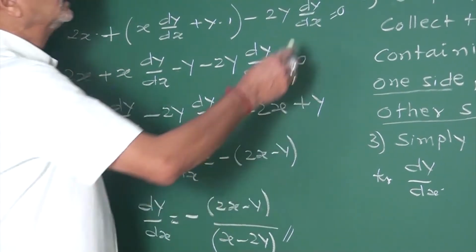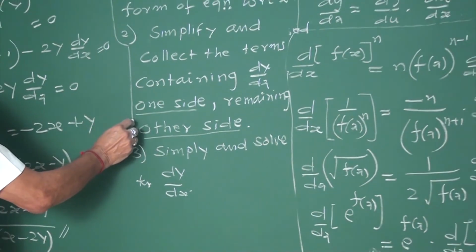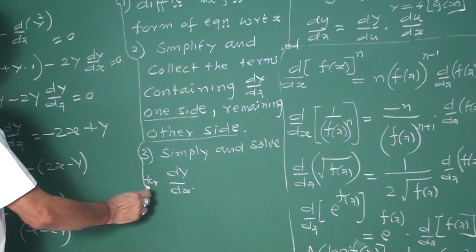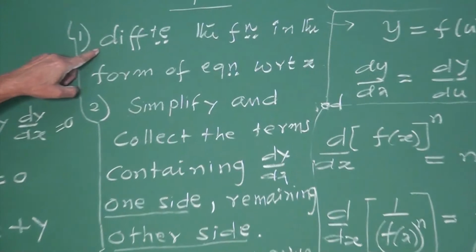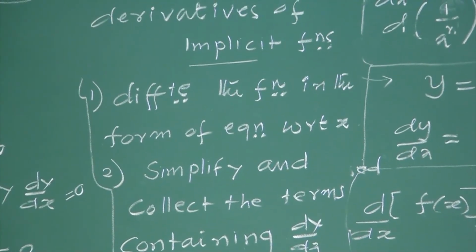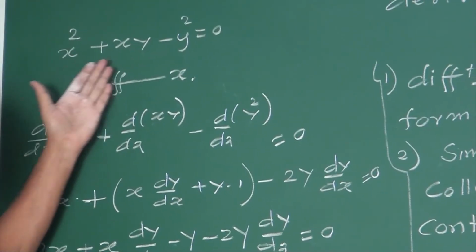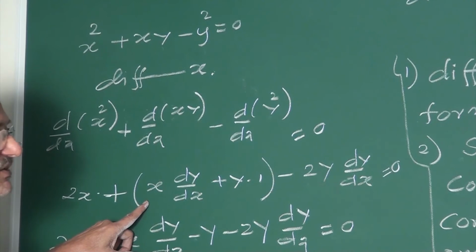Yes, my friends, these are three rules to find the derivative of implicit functions. What is the first rule? Differentiate the function which is in the form of equation with respect to x, meaning each term with respect to x. Write the derivative. What is second?